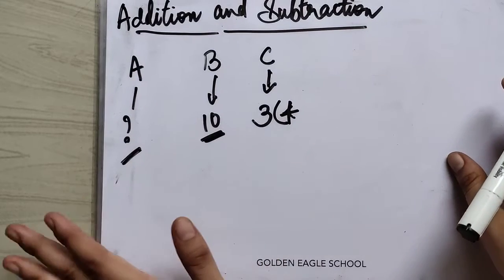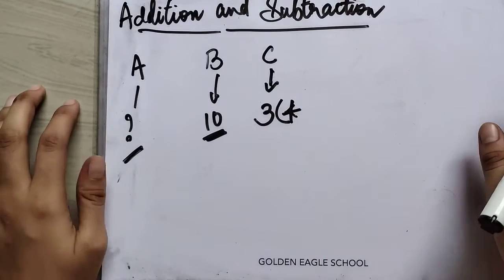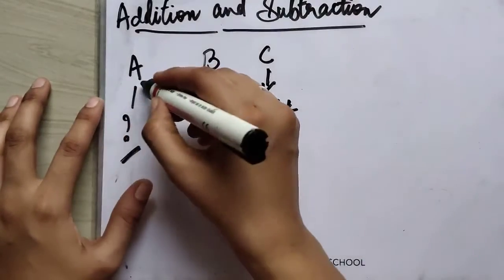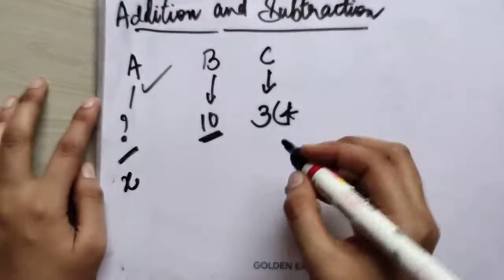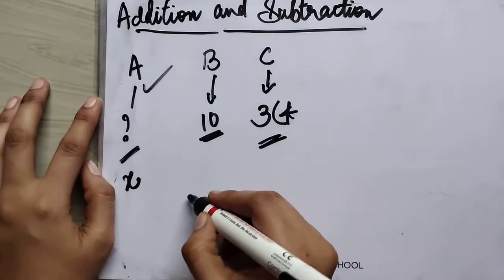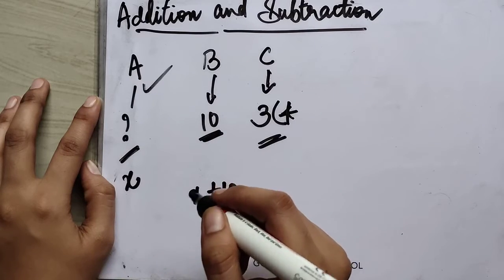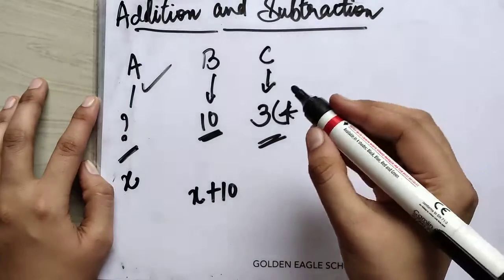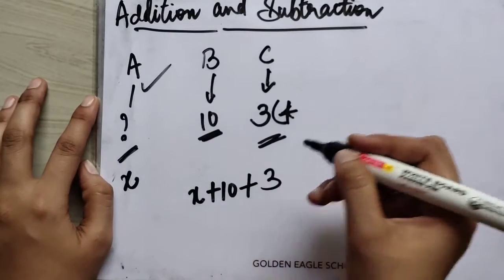Okay, so how are we going to find the number of marbles that C has? For this, we'll take, let the number of marbles A has be x. So person C has x plus 10, and she has 3 marbles more, so plus 3.